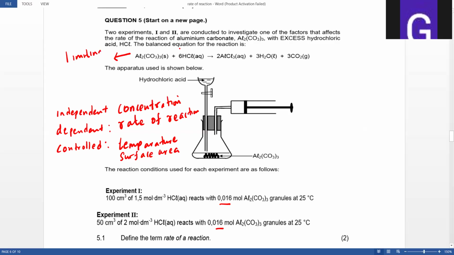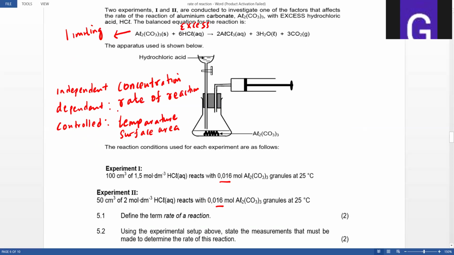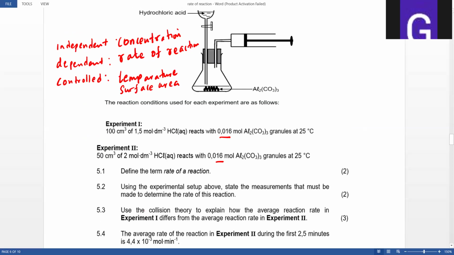This is in excess. The reason I said concentration is the independent variable is that it's what we're investigating, because it's changing here. You can easily see that experiment 2 has higher concentration than experiment 1, and we know that the higher the concentration, the faster the reaction.